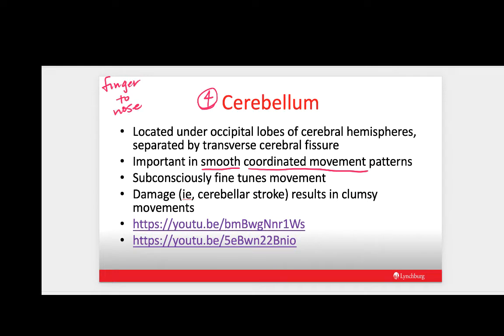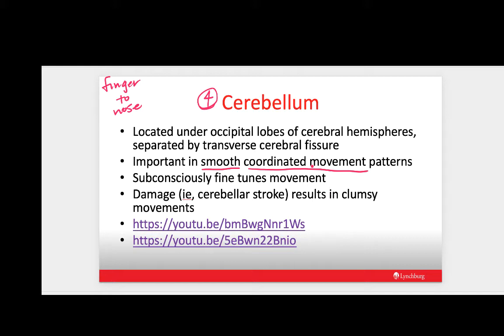In this type of test, I would hold out my finger and I would have my patient take their finger, tap it to my finger, and then tap their nose. So in this way, they're able to gauge their movement as well as stopping that movement at an appropriate time, so they don't overshoot my finger and that sort of thing.